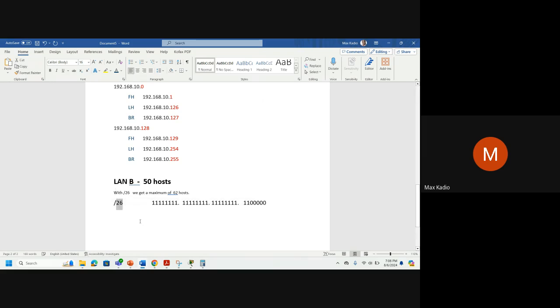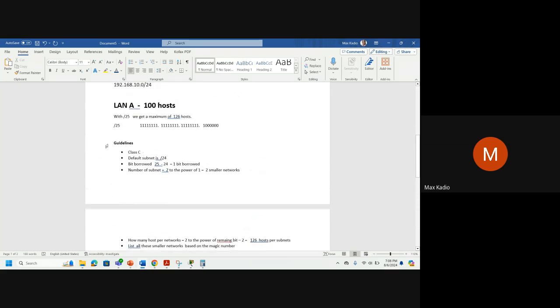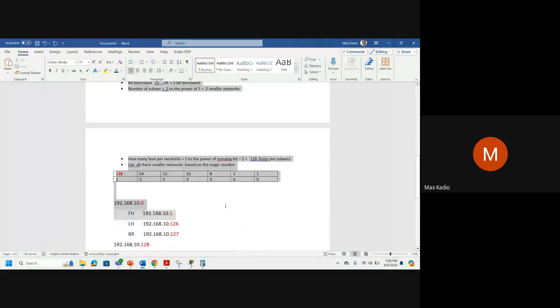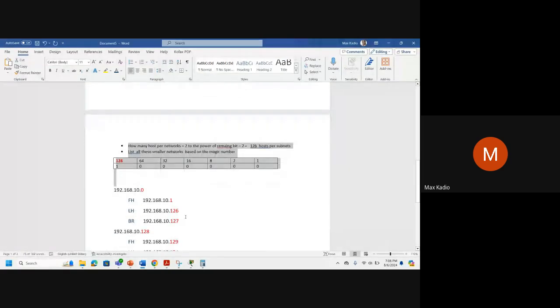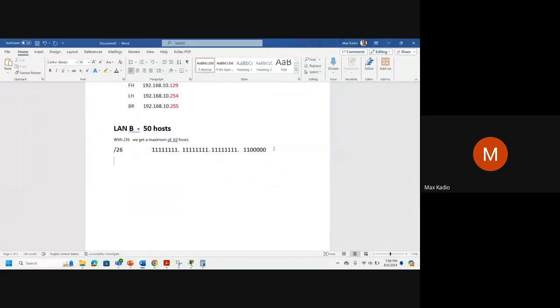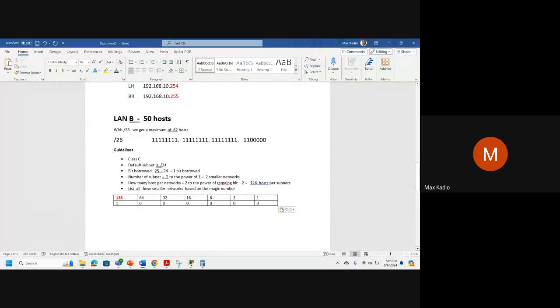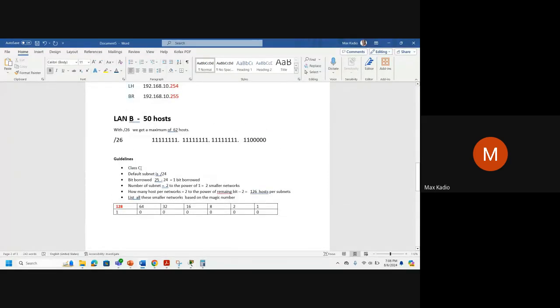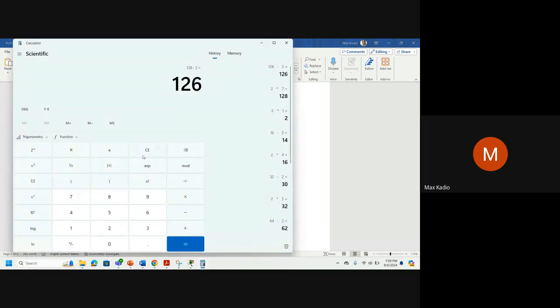So if you say /26, it means we have 26 ones. And we can see that we did borrow 2 from the host. Then we do the same thing, the guidelines. It's still the class C. Default here is /26. I did borrow 2 bits. 2 to the power of 2 to find the total networks.